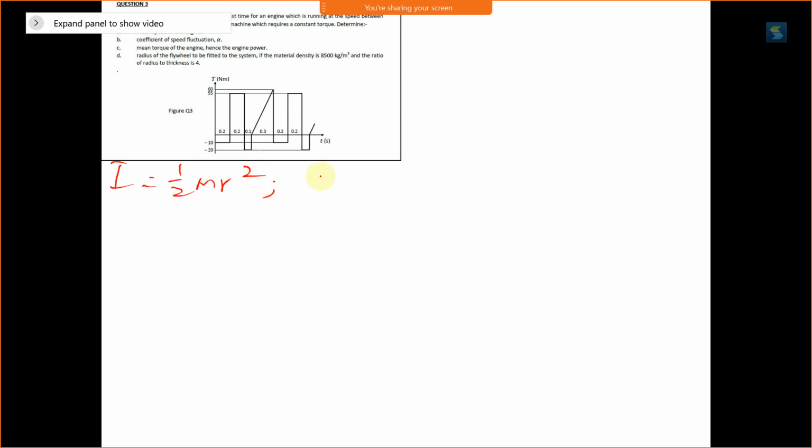Then kita boleh convert m dalam bentuk rho V, isn't it? V adalah volume, rho adalah density. Density is given as 8500. So what is our volume? So kita boleh convert as m equals to rho times volume, which is A times T. What is our A? M equals rho A, which is pi r squared times T, isn't it?